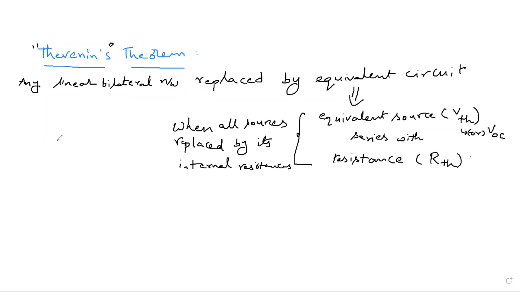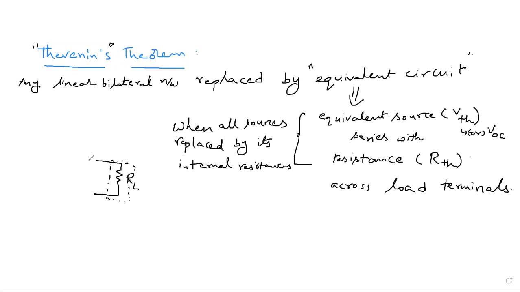Now the equivalent circuit, what are the components? Two components across the load terminals. Load in the sense our appliances. So let us take this as your load resistance RL, where L indicates load.